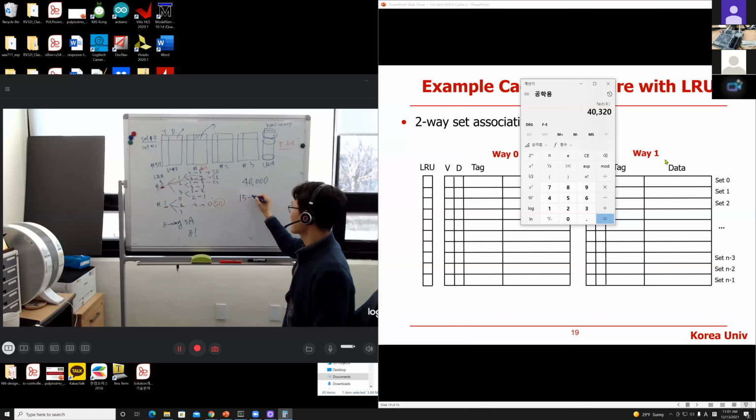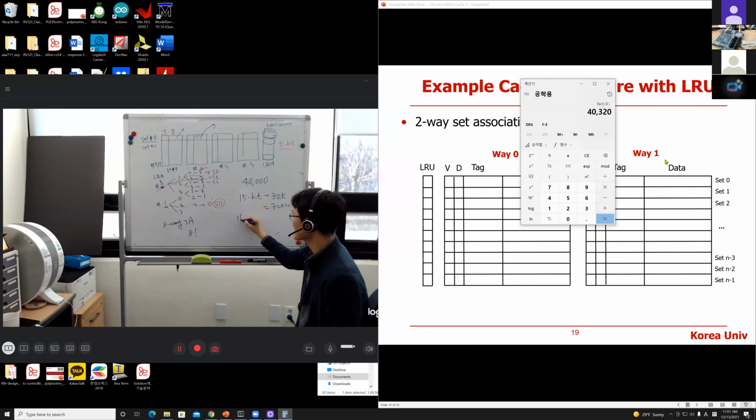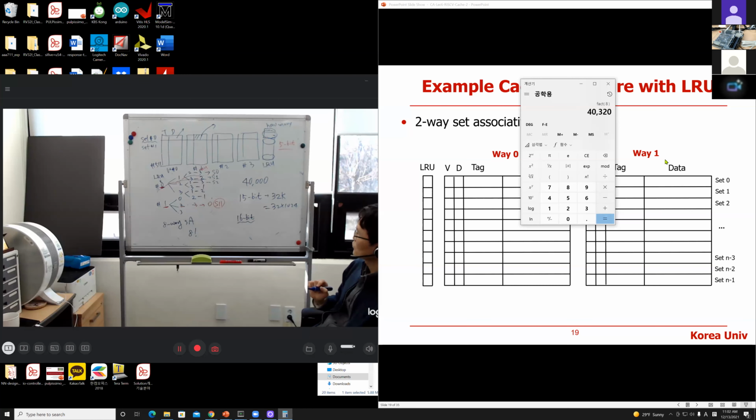15 bit is not enough, right? That is 32K, roughly 32,000. So 15 bit is not enough. So you need to have 16 bit to implement LRU.